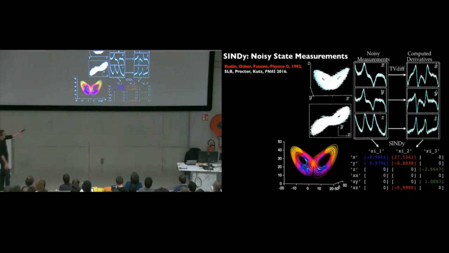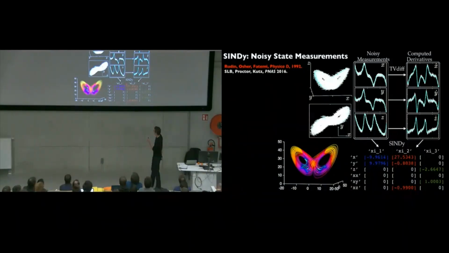This was developed in the 80s for image cleaning, and it's like a 10,000 citation paper. The derivative version of it is really useful for noisy time series data. And if you had this noisy data and computed these approximate derivatives and plugged those into this algorithm, you still obtain the right structural form of the equation.